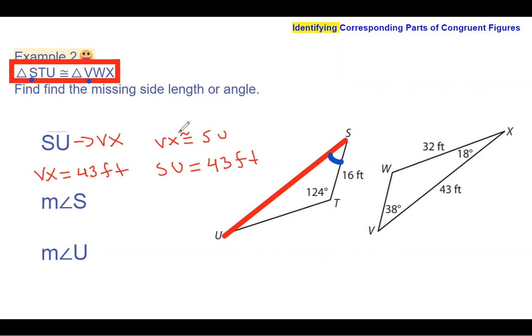So therefore it's corresponding to beautiful V. So V is corresponding to S. So therefore the measurement of angle S is 38 degrees. And the last one, angle U. Let me do this one in green. Angle U is corresponding to X. So therefore it equals 18 degrees. Not too bad, huh? No.